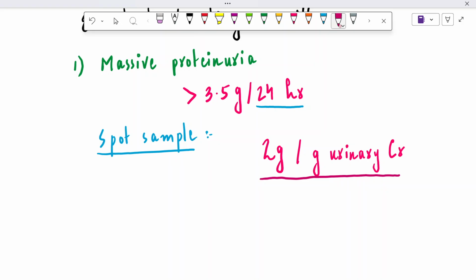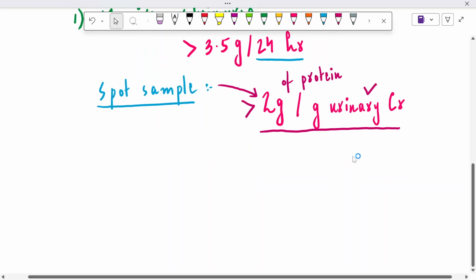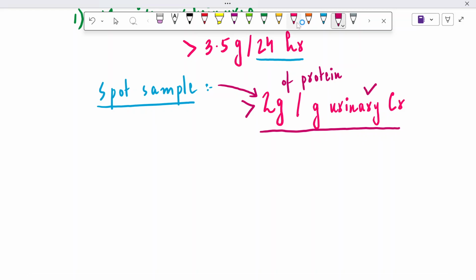We are not talking about 24-hour urine, but a spot sample. If the spot sample has more than 2 grams of urinary protein per gram of urinary creatinine, we can term this nephrotic syndrome. So this is very convenient for the doctor as well as for the patient.